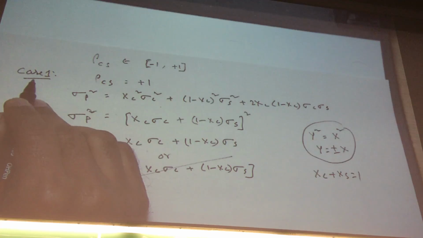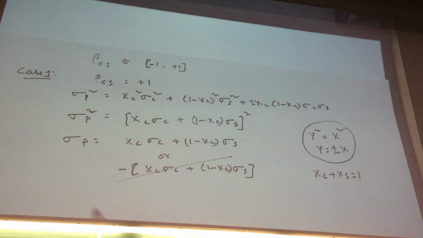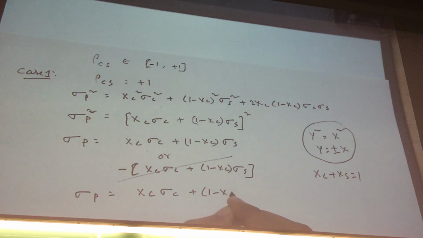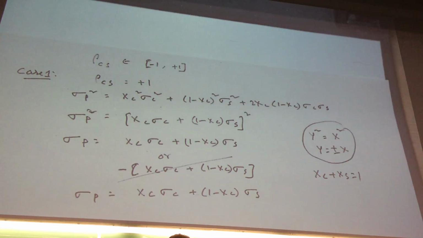So when case 1, rho cs equals to 1, the sigma p is equivalent to xc sigma c plus 1 minus xc sigma s. So let us use the returns that we have calculated.